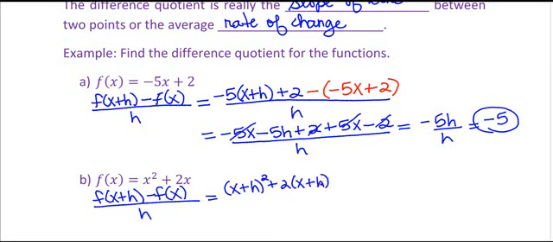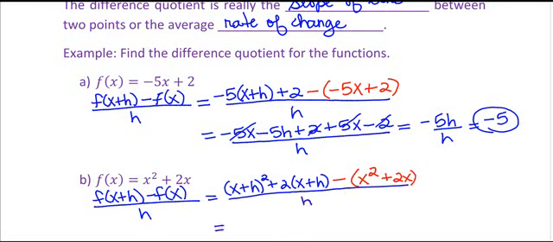Okay, so that whole thing there just represents f of x plus h. Now I need to subtract off f of x, which is our original function, which is x squared plus 2x. And divide that by h.